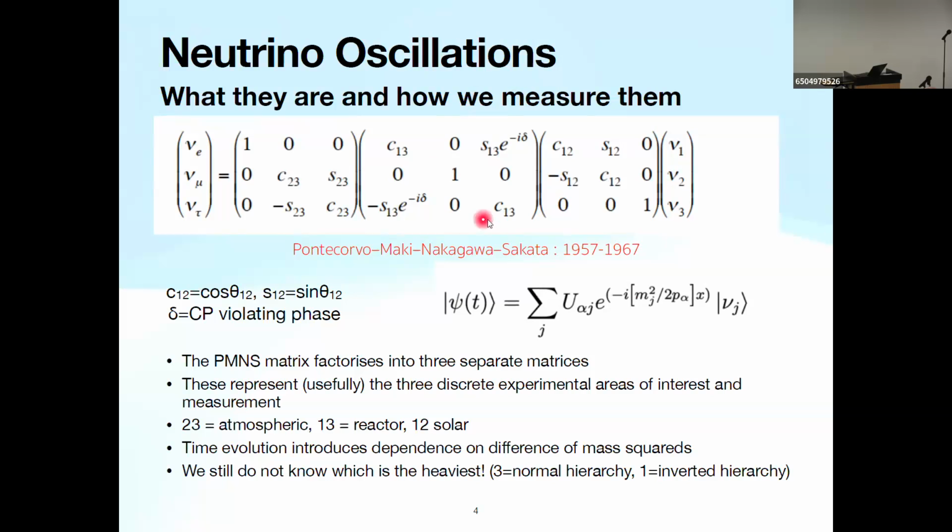And this one here, which is the reactors, is also something that we ended up having something to say about. And this final, the third matrix, represents the solar mixing, so the mass eigenstates 1 and 2. And as Andre pointed out, we still don't know which one of the eigenstates is the heaviest, but we know what the difference in the mass squareds is.